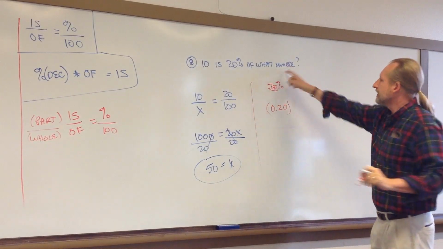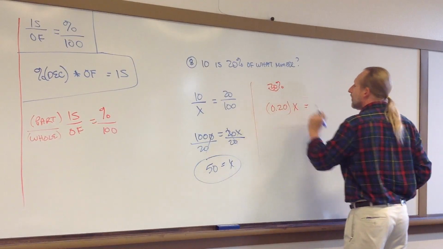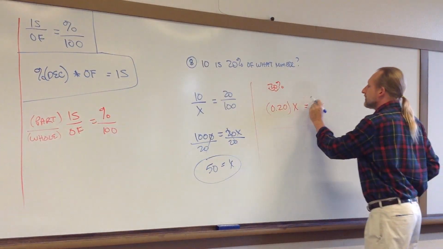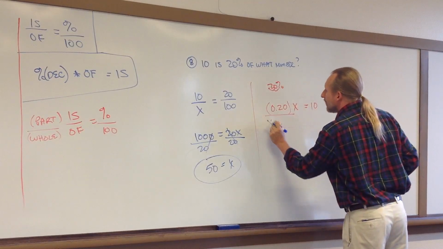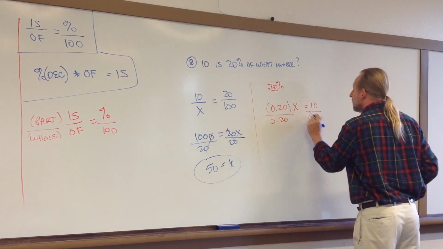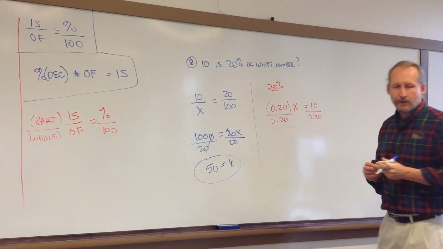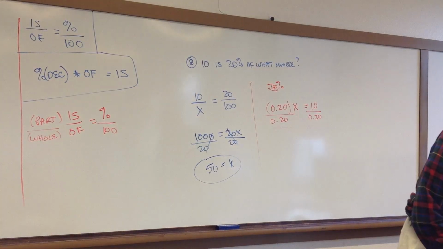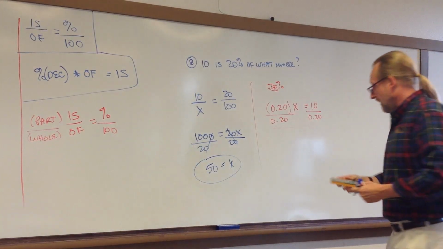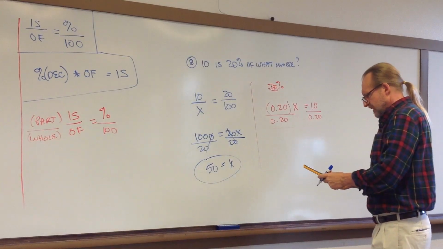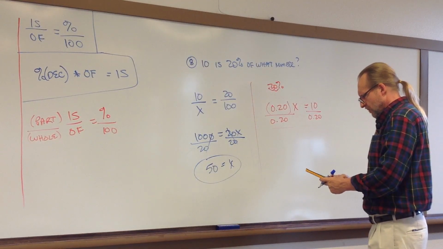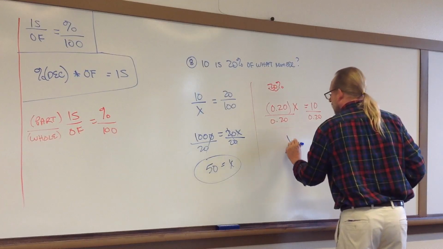The "of" is what we're looking for, and the "is" is 10. So here we divide on both sides by 0.20, and we should get the same answer, 50. 10 divided by 0.20 equals 50.